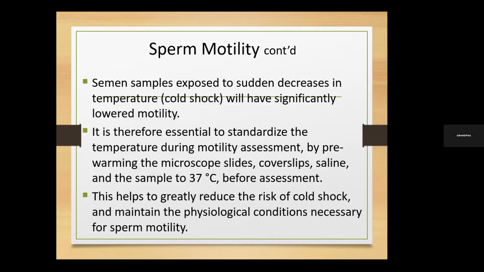Once the sample is removed from the body at 37 degrees, if you just keep it at room temperature, which could be somewhere around 25 or thereabouts, or in most labs, air-conditioned rooms with temperatures below 20 degrees, that sharp decrease in temperature is what we call a cold shock.